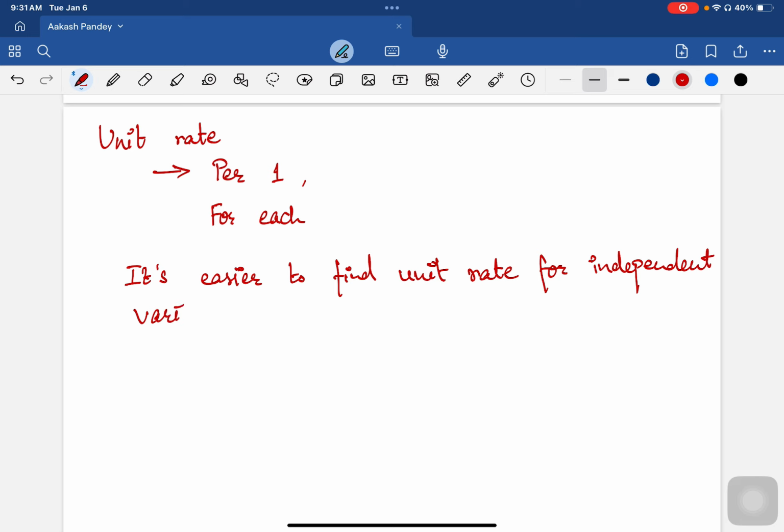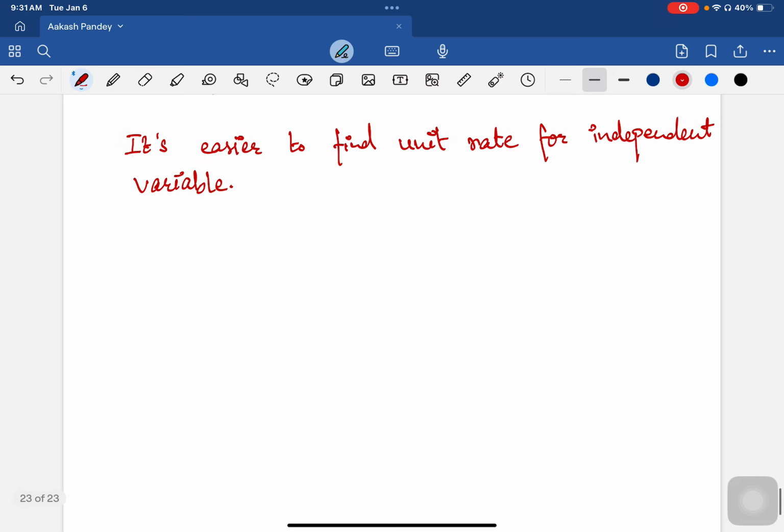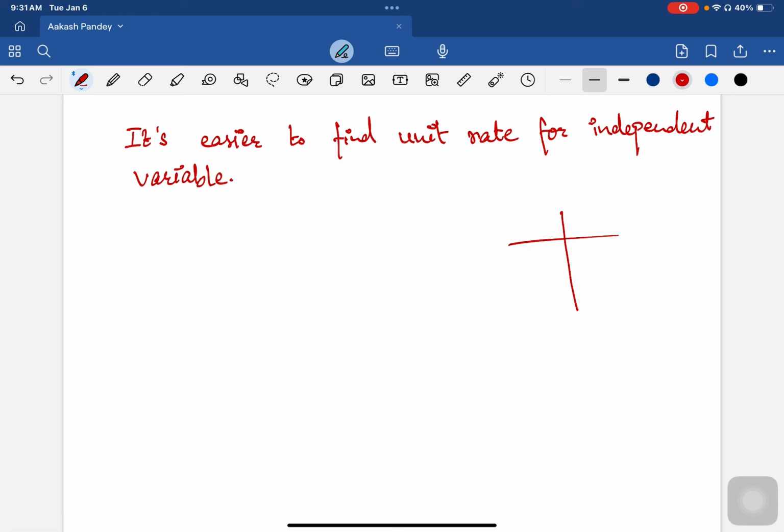So let's say you have two things. You had a bag of chips and price. Let's say you started with two bags of chips that cost you four. Now you have to find unit rate, right? It's easy if you find unit rate for bag of chips because your money is dependent on bag of chips.